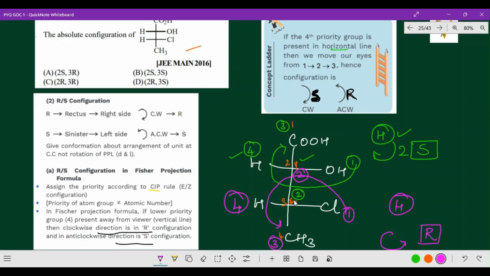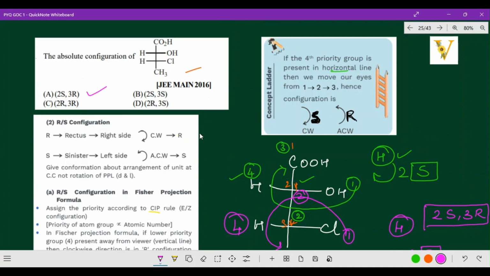Which carbon is R? The third carbon is R. So the answer is 2S and 3R. I hope you got the clarity about this point. So 2S and 3R, the first answer is the correct answer.